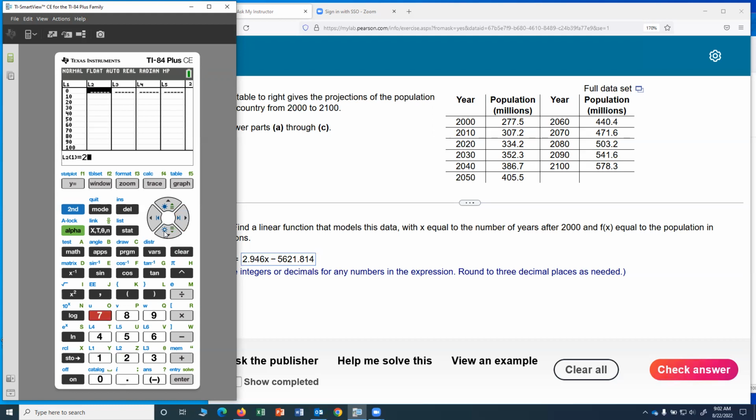And then my second list, I want to enter the y values, or f of x, exactly as I see them.